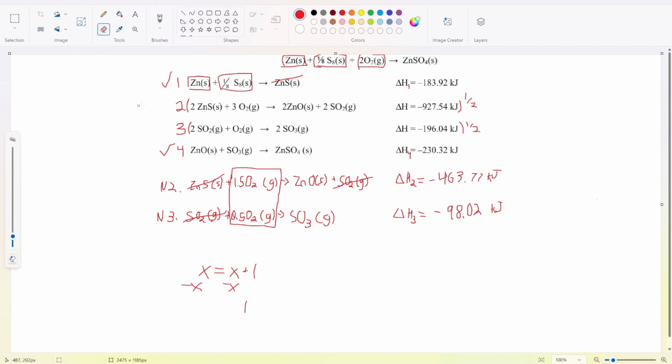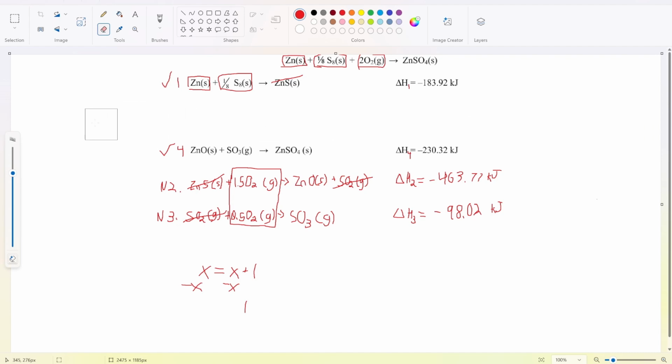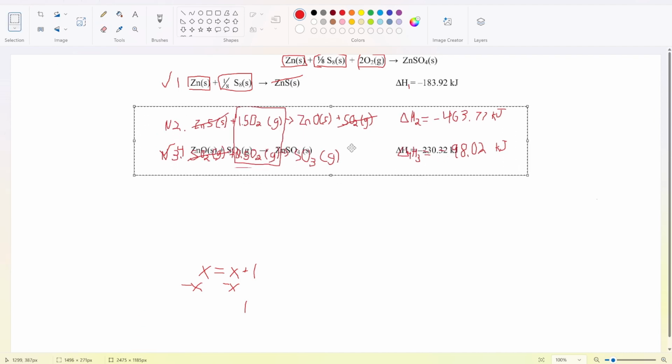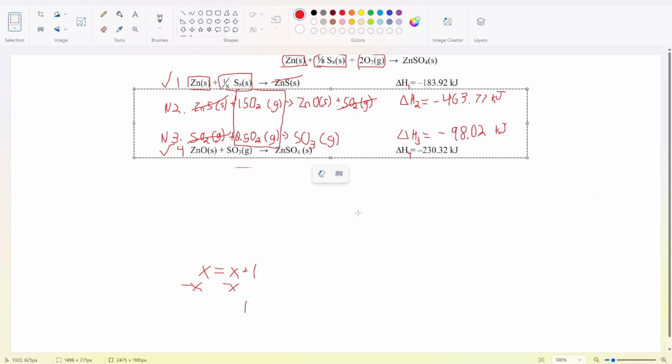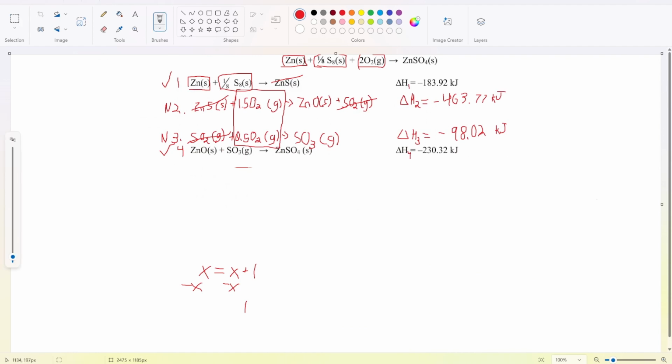It would be smart to get rid of these, because we already know what we did and they're just confusing. Right. And then we select, and then we just drag these up here. So I feel like this is a little easier on the eyes, even though it might not be for some people. So now we have zinc oxide and zinc oxide and 1. So we could cross those out.